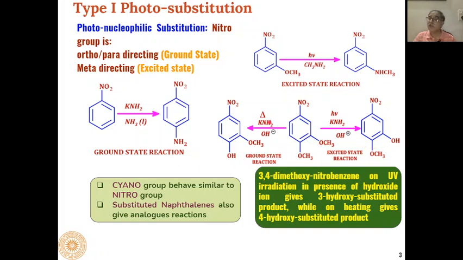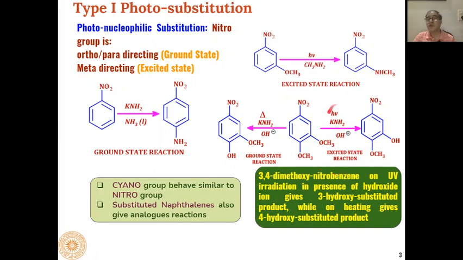But if the reaction is conducted under thermal conditions, in presence of the same reagent, potassium amide and sodium hydroxide or potassium hydroxide as a base, then the substitution of the methoxy group will take place at the para position. So as you know, this is a ground state reaction and this is an excited state reaction.